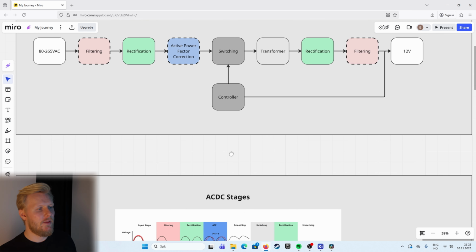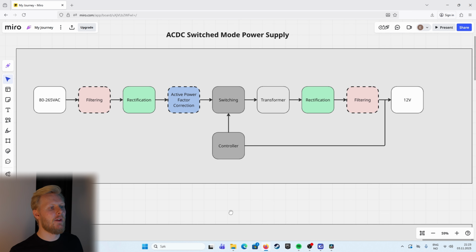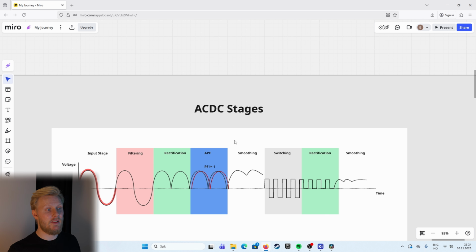So let's look into the different stages of the AC/DC switch mode power supply. And I've tried to illustrate it the best way I can. So if it's not 100% accurate, my apologies. Do some research of your own if this image doesn't do it for you.